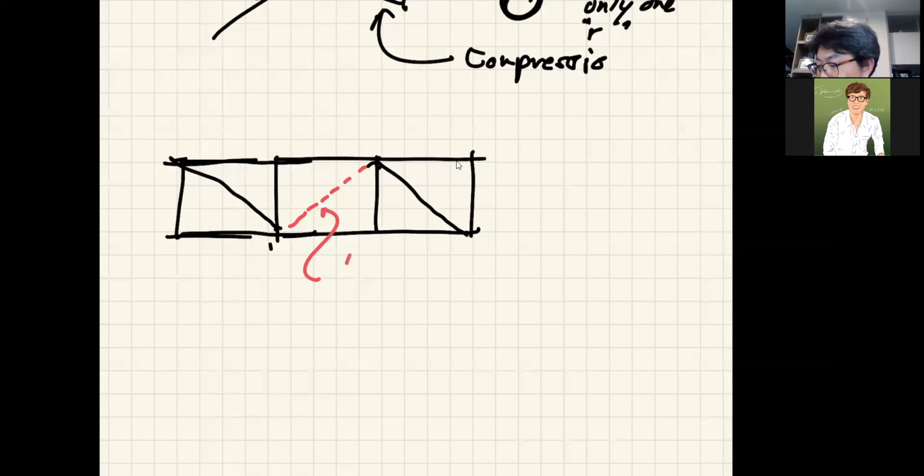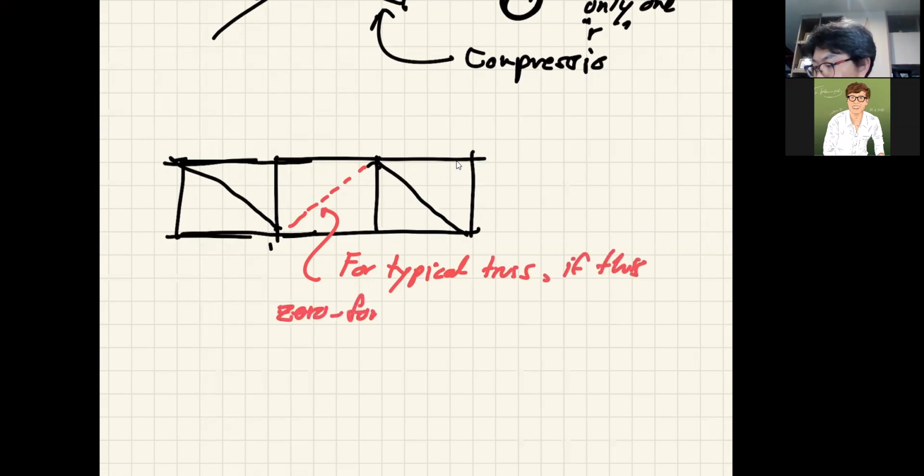So for a typical truss, if this zero force member is removed, the truss can be labeled unstable.